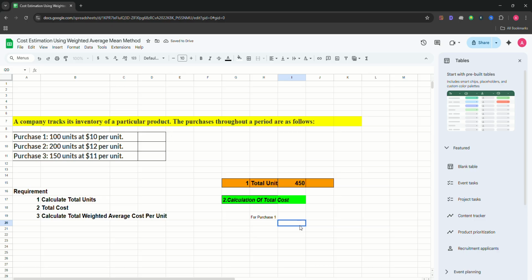So for purchase one, 100 units, the cost will be 100 into 10. I need to add a dollar sign before it. So it is $1000.